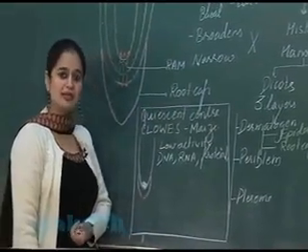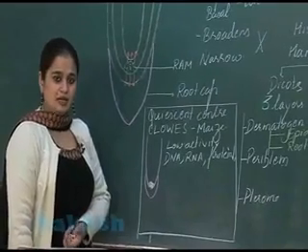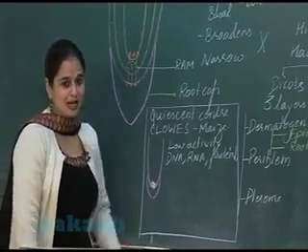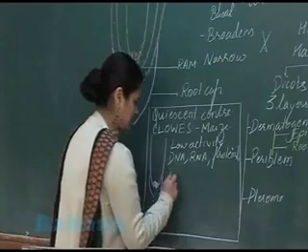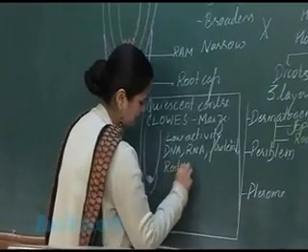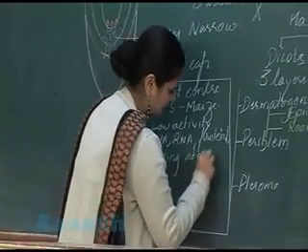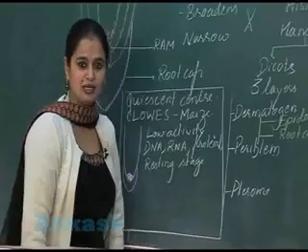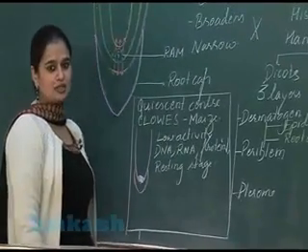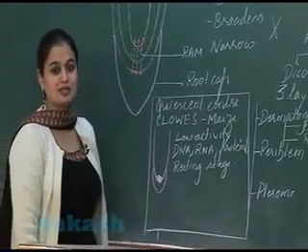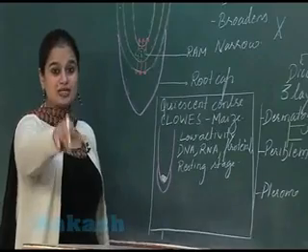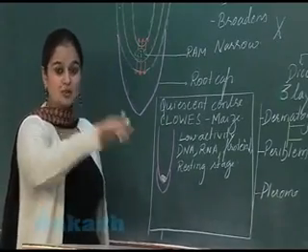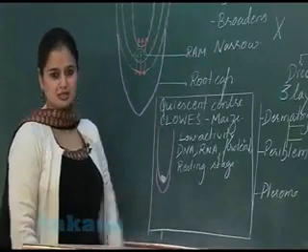Now it means mitotic activity is less, so this part is in the resting stage. Can we say low mitotic activity? So surely you can say it is in the resting stage. Due to this resting stage, it is known as quiescent center.